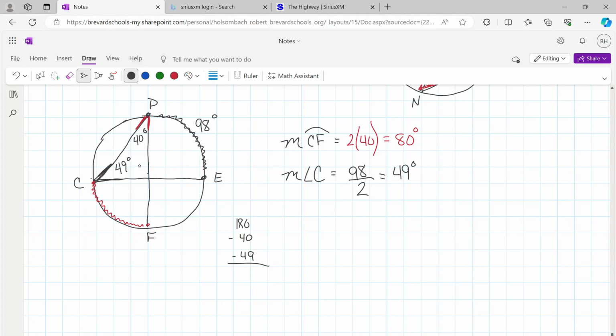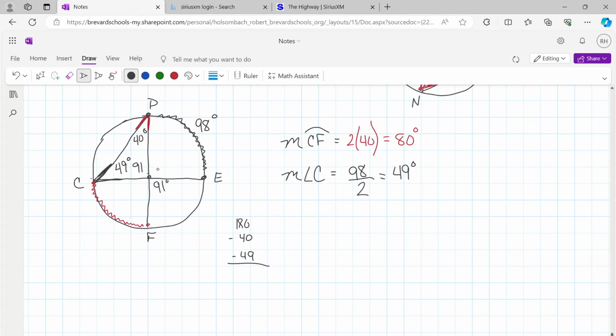If you keep in mind your rules regarding vertical angles, if that angle is 91, then the angle on the other side of its vertex is also 91. Okay, we've got linear pairs of angles in here.